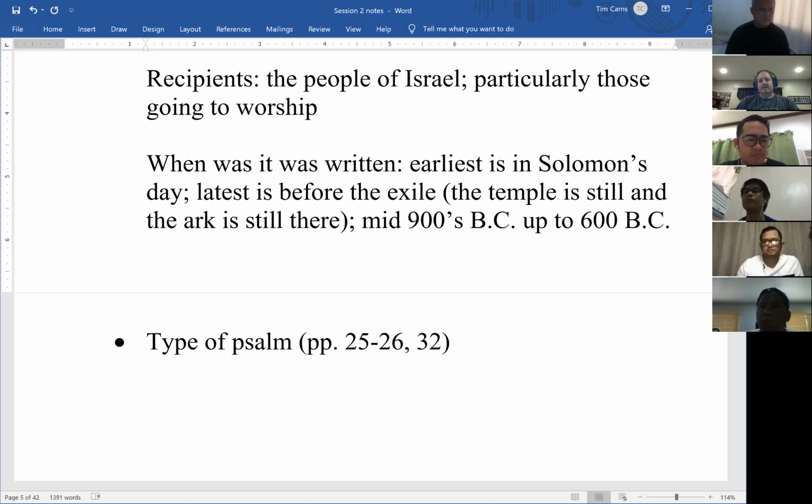Again, it's not important that we know exactly, but this is helpful to tell us that this is not a poem written after the exile, nor before the time of David. So it gives us an idea of the time in Israel's history. This is before the nation is taken into captivity, and it's basically during the time of the kings, right?